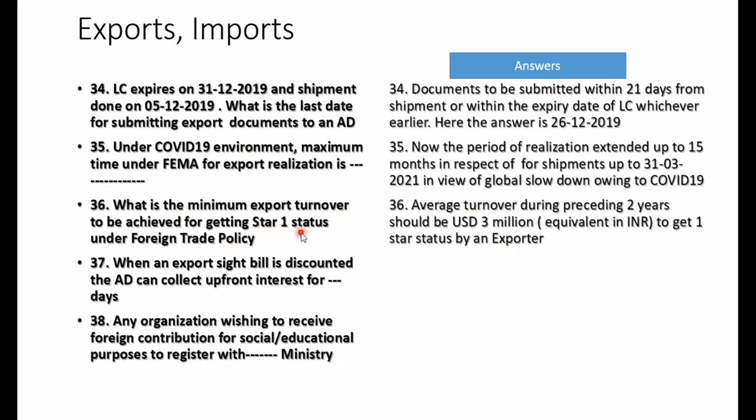To get minimum 1 star, the exporter must export $3 million on average, not 1 million, 3 million average, equivalent in Indian rupees. Today at 76, 75, maybe 22, 23 crore average during the preceding 3 years. He will get 1 star.